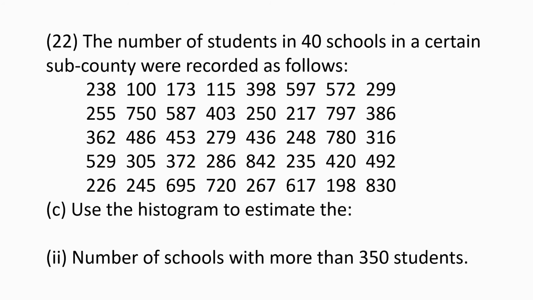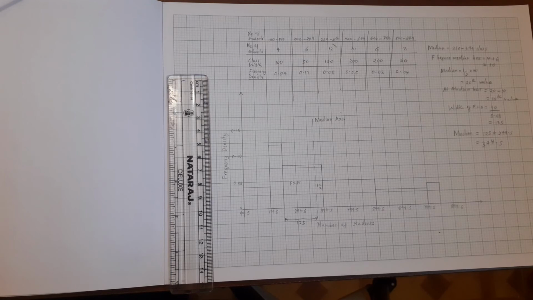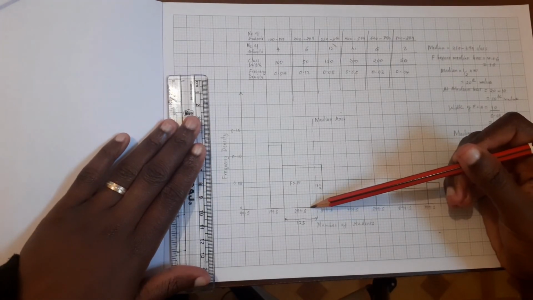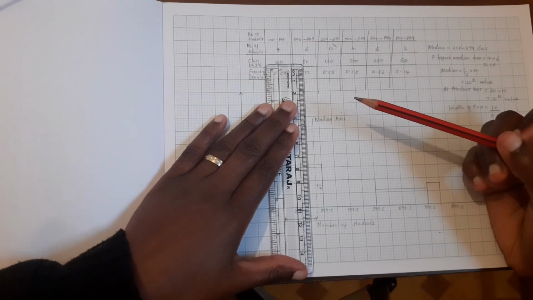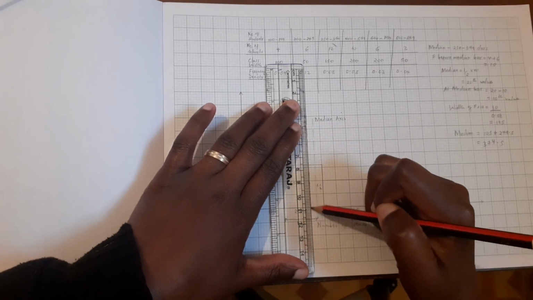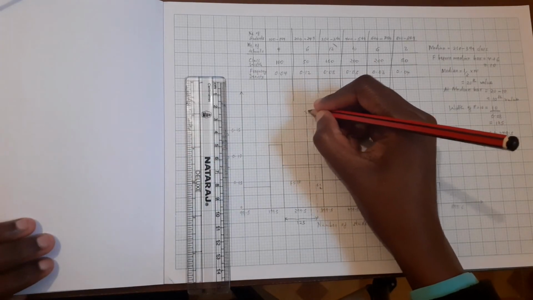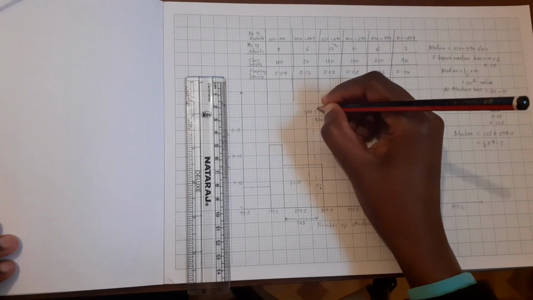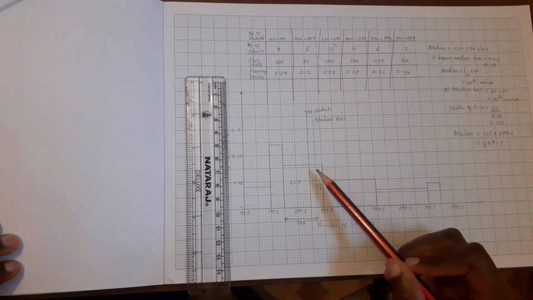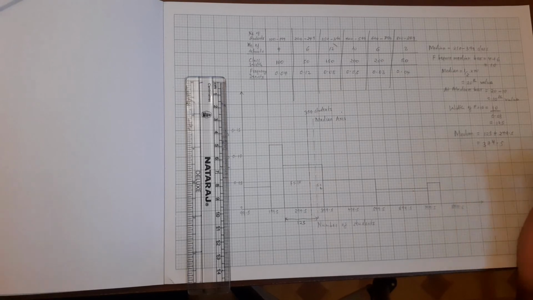Part C2. Use the histogram to estimate the number of schools with more than 350 students. We need to estimate the number of schools with more than 350 students, and 350 is at this point. So this is the point where we have 350 students. We need to find the frequency from this point up to the last bar.